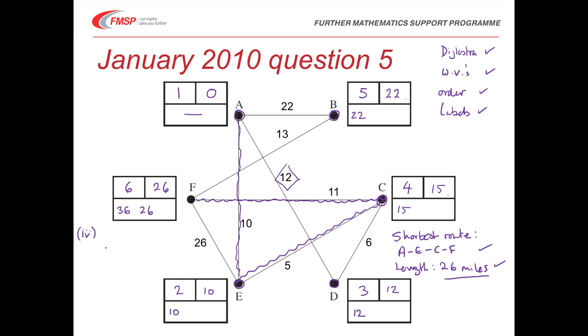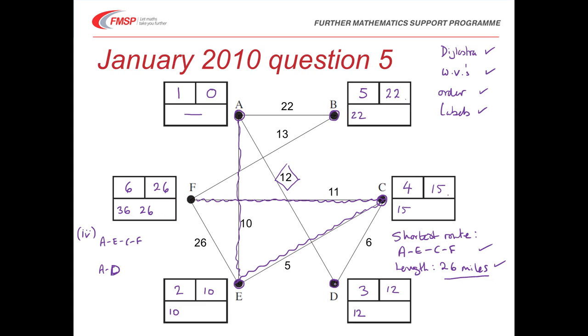Okay, well, the shortest route at the moment is A to E to C to F. The total of that is 26. If you were to include this 12, it would have to be the first step. So the first thing you'd have to do is go from A to C, and A to D. Let me correct that.